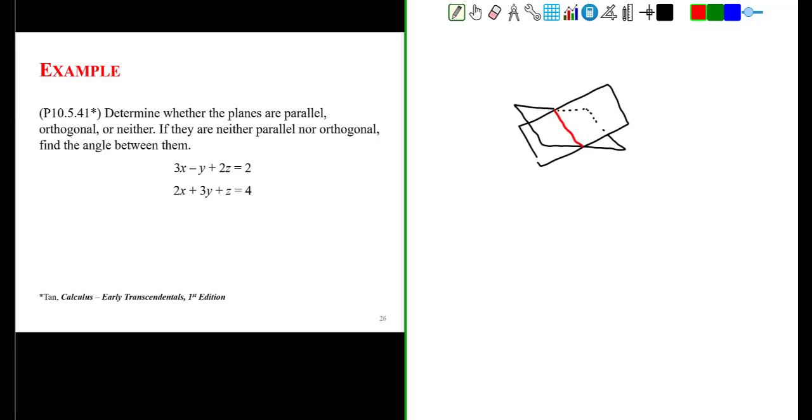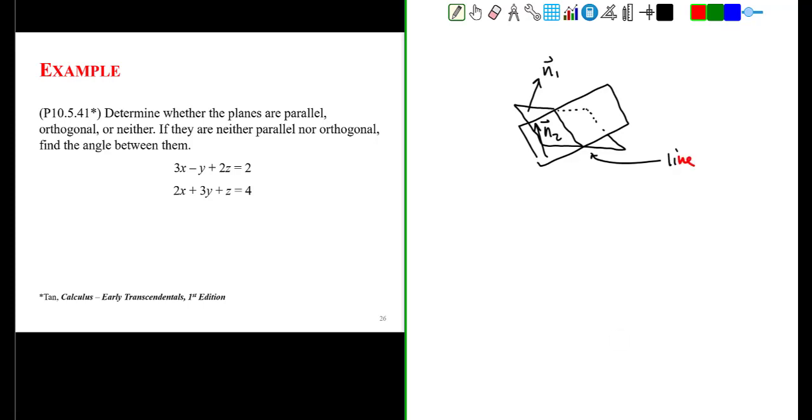Those two planes are clearly not perpendicular. They are clearly not parallel. They are at an angle, with their normal vectors at some angle relative to each other. And these two planes again intersect along a line.